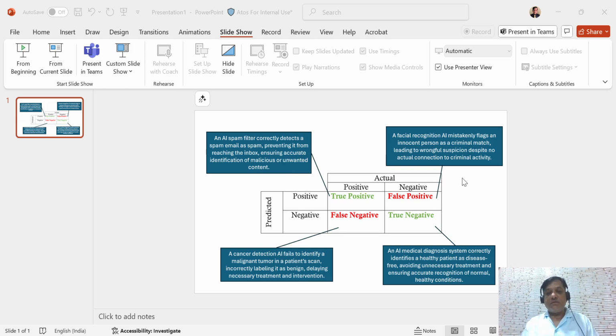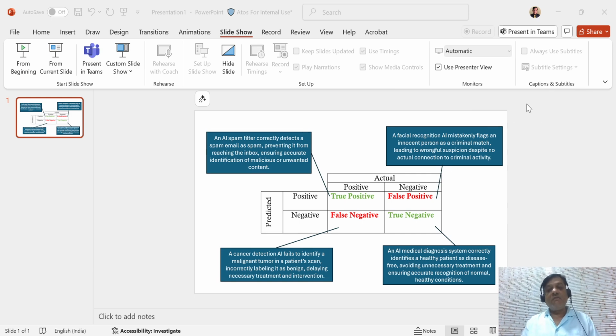Then false positive means a facial recognition AI mistakenly flags an innocent person as a criminal match. The person is innocent, which is positive, but it gives negative, that he's a criminal match. That leads to a wrongful suspicion despite no actual connection to criminal activity.